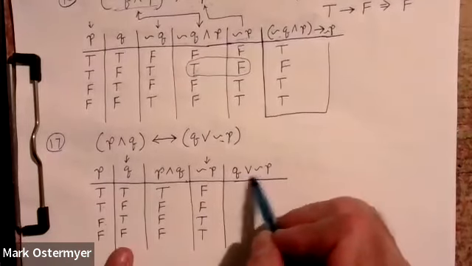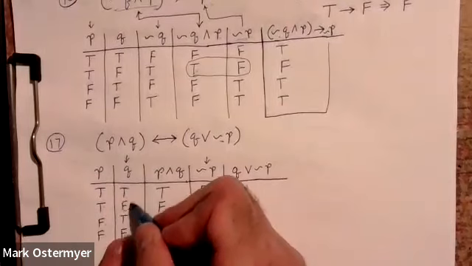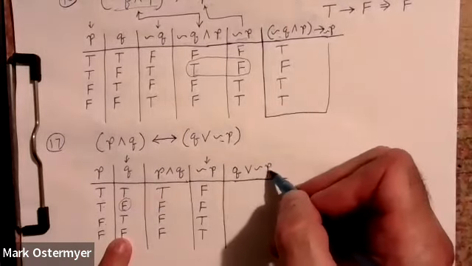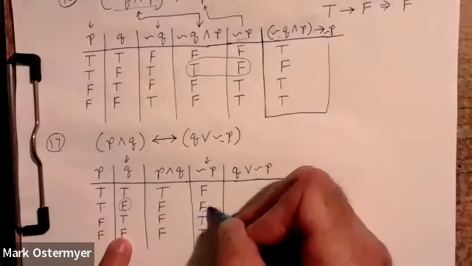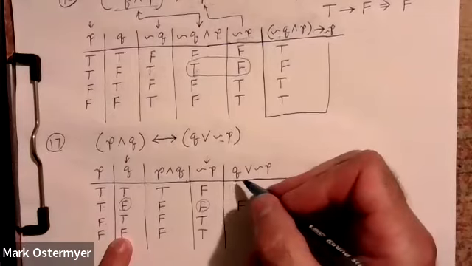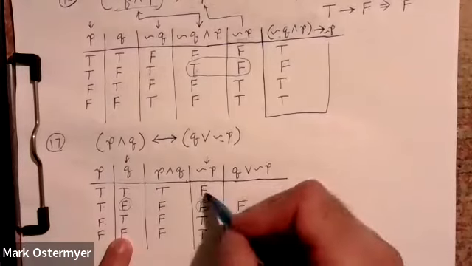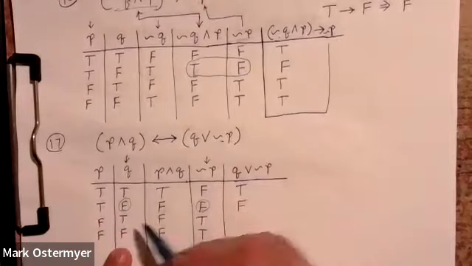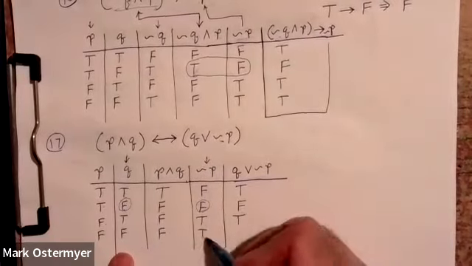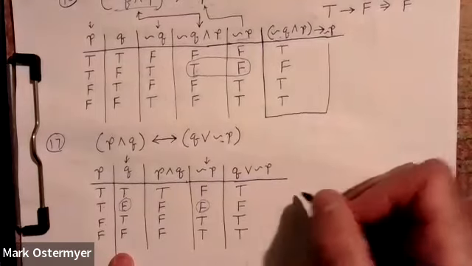So where does that occur? That only occurs right here. If the first statement, Q, is false, and the second statement, not P, is false, the or is false. Other than that, an or is always true. So true or false is true. True or true is true. False or true is true.